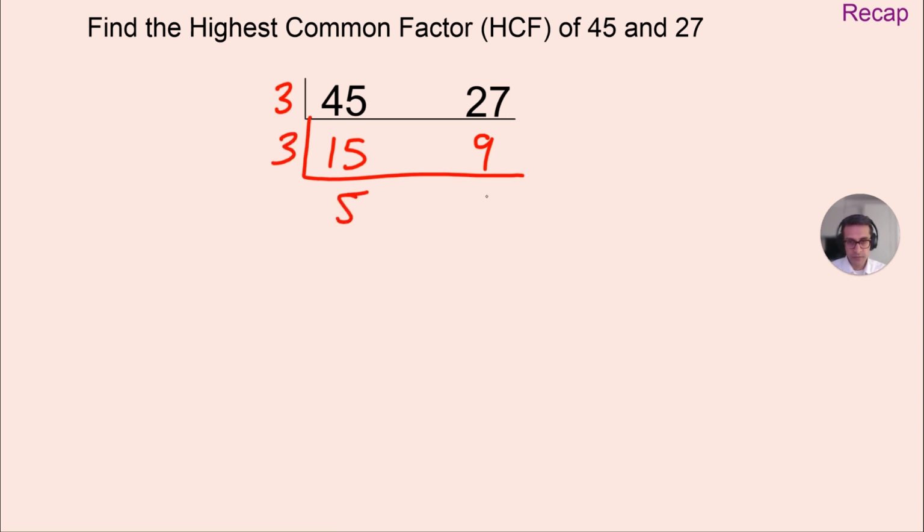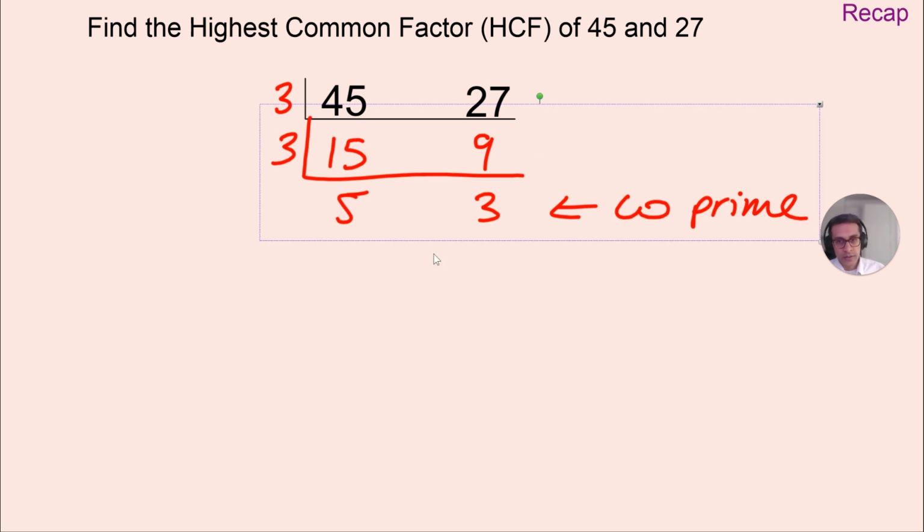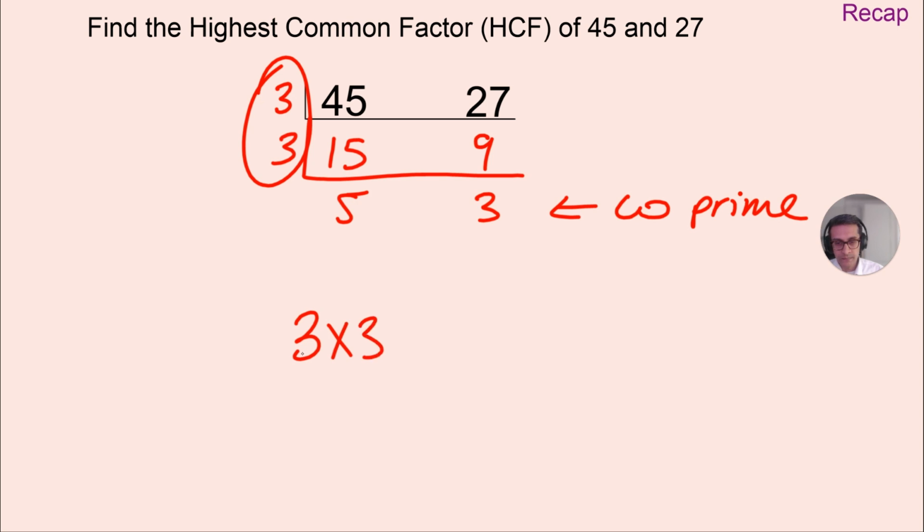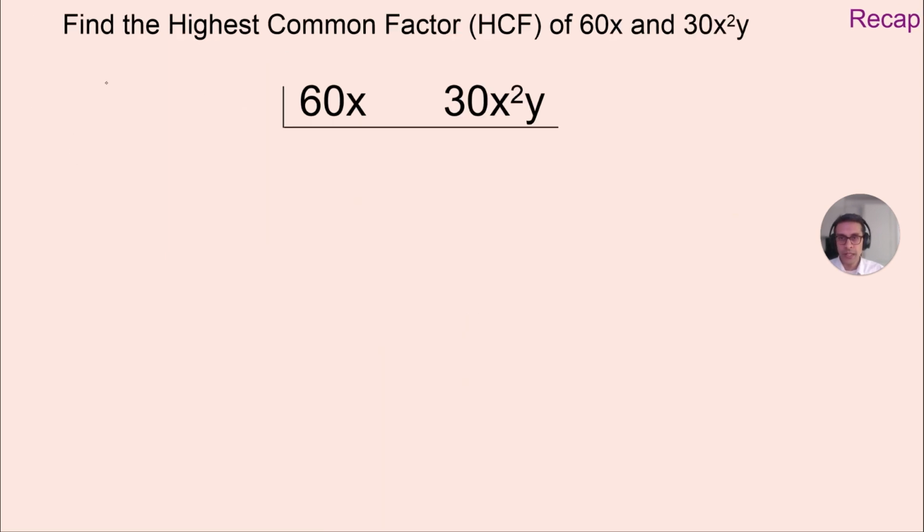So 3 times 5 is 15, and 3 times 3 is 9. We stop here because they are coprime. And the highest common factor will be 3 times 3, which is 9.